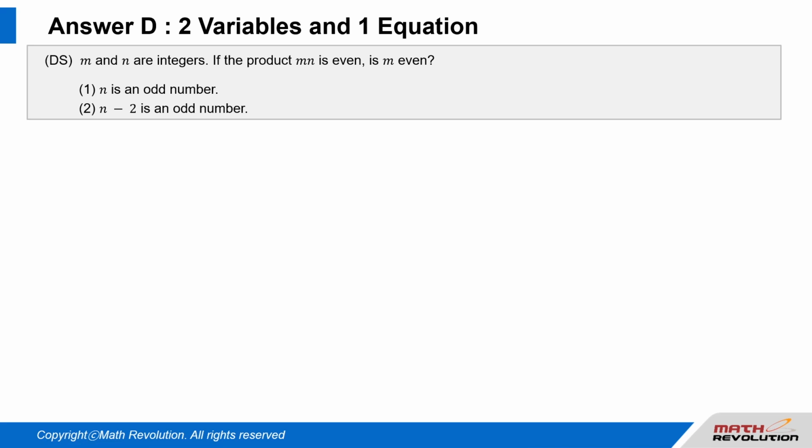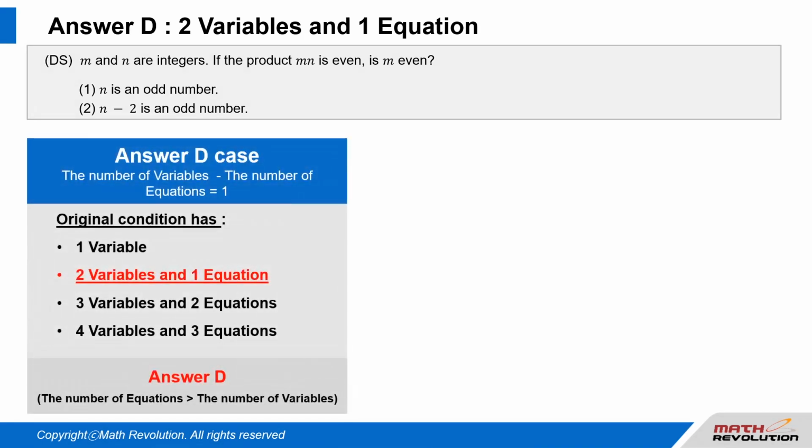Solution. Now we will solve this DS question using the variable approach. You are likely to get D as the answer when the difference between the number of variables and the number of equations from the original condition is just 1.